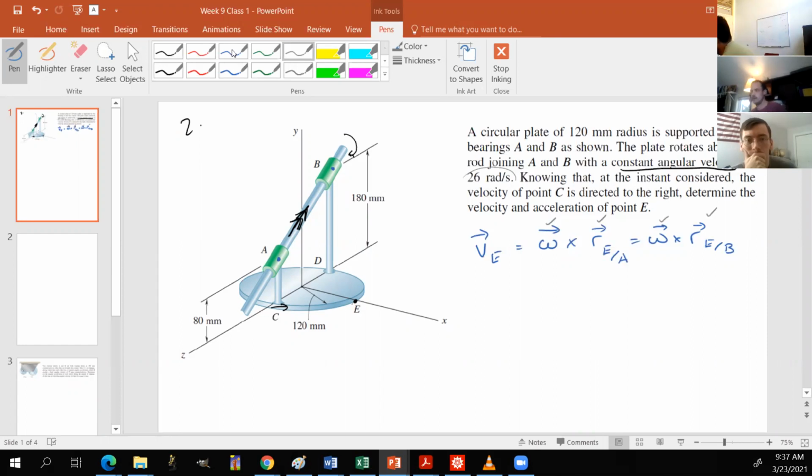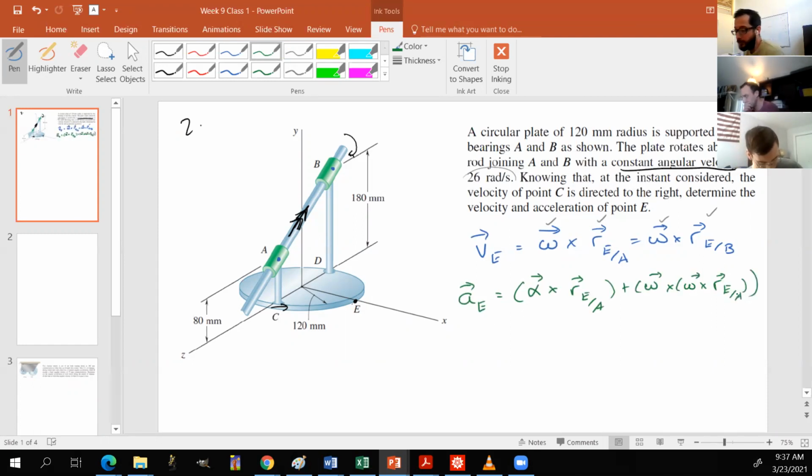Next, you're also asked to find your acceleration. The acceleration is equal to the angular acceleration crossed with, and for this one let's just take one because if it works up there, it's going to work down here, E relative to A, plus omega crossed with omega crossed with R of E relative to A. Again, we know this, and we'll be able to find that out, because this thing here you can just directly plug in.